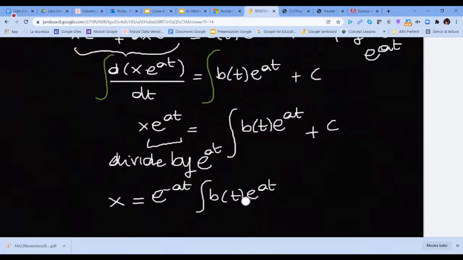Of course, you cannot put outside or inside. I didn't write it. t plus c multiplied by e to the minus at, because we multiplied everything on the left hand side and on the right hand side.